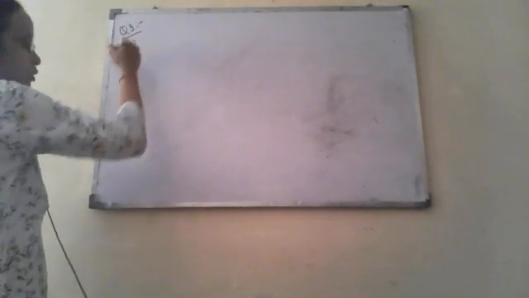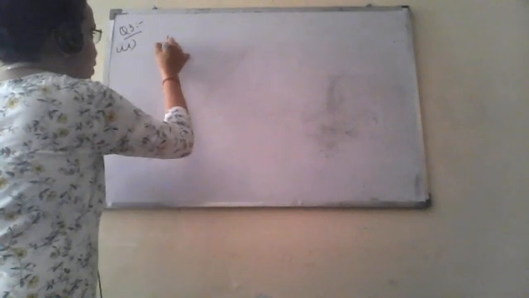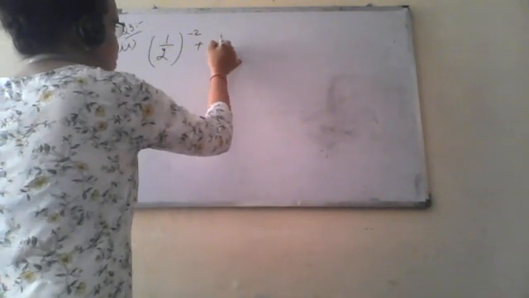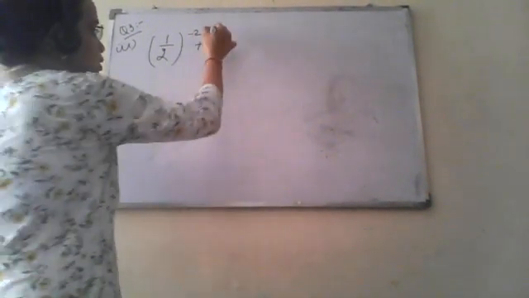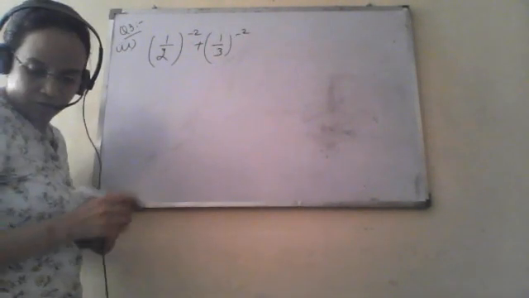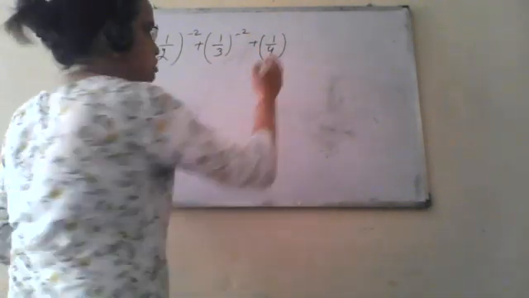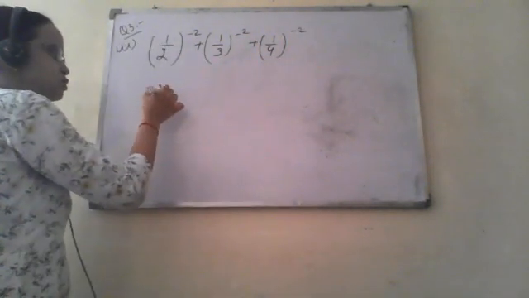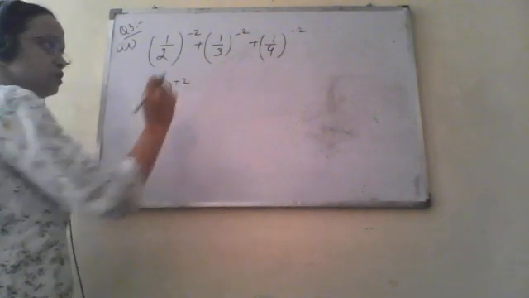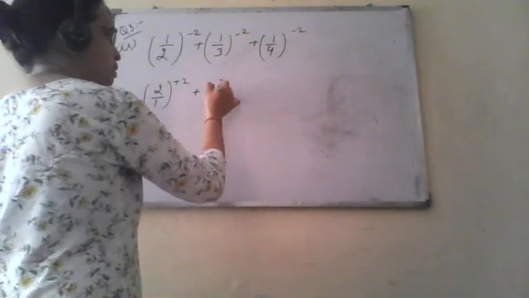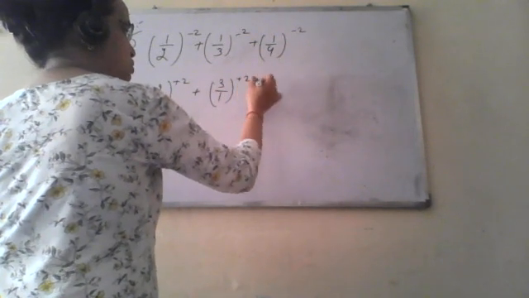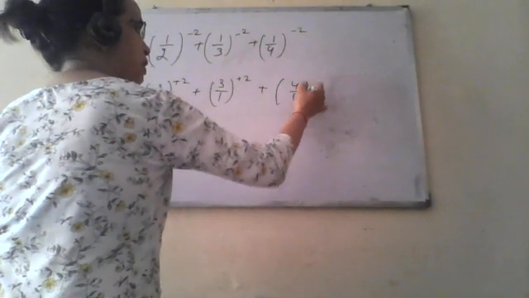Now the third part is 1 upon 2 to the power minus 2 plus 1 upon 3 to the power minus 2 plus 1 upon 4 to the power minus 2. Now this can be written as 2 upon 1 to the power plus 2, 3 upon 1 to the power plus 2, and 4 upon 1 to the power plus 2.